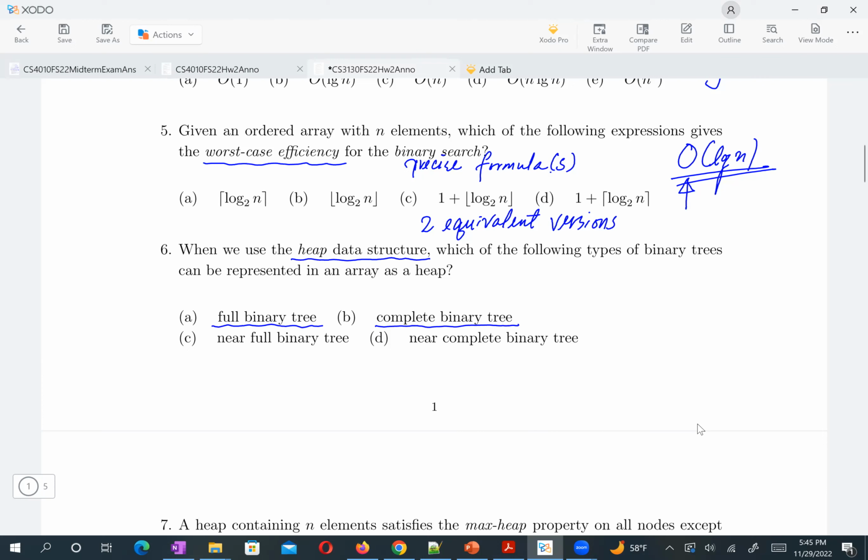First, they are different. Full, complete, so they are different. And the full meaning, so why we call it full in some sense? Here we consider a typical node in this tree. Consider one node, anywhere in the tree.